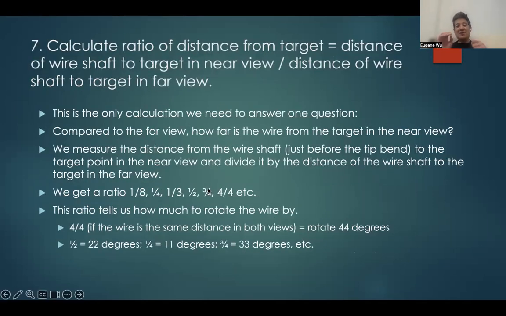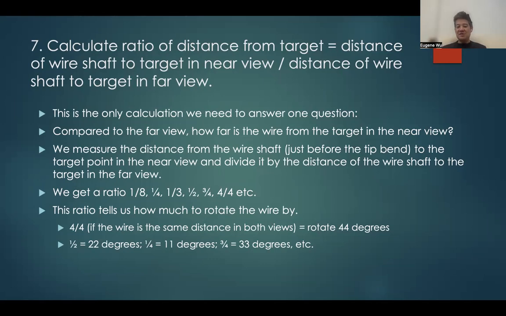Number 7, calculate the ratio of distance to target. This is the distance of the wire shaft to the target in the near view divided by the distance of the wire shaft to the target in the far view. Okay? This is the only calculation we need, and this calculation aims to answer one question. Compared to the far view, how far is the wire from the target in the near view?